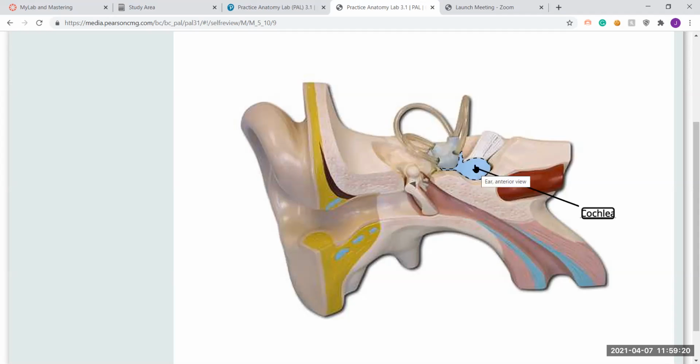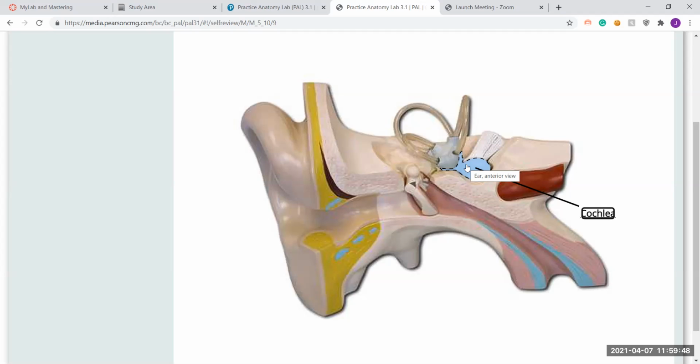So the inner ear is called the labyrinth, and it is like a maze, twisted tubes inside the bony labyrinth. The wall of the inner ear is made up of the bone of your temporal bone, and inside that there is a membranous cavity.